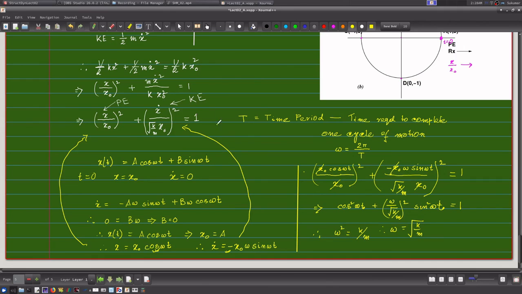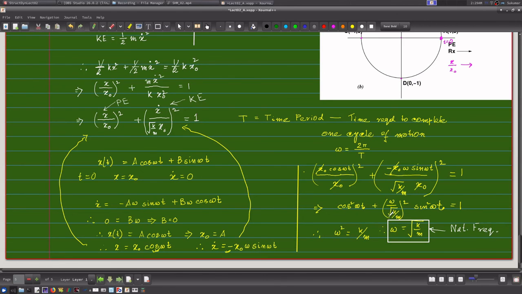Alright, so this is a very important equation. This is called natural frequency of vibration.